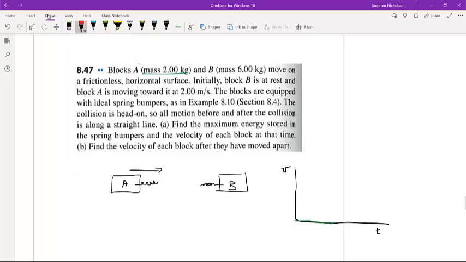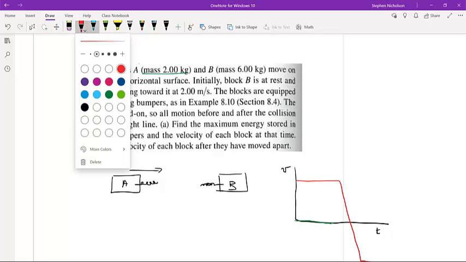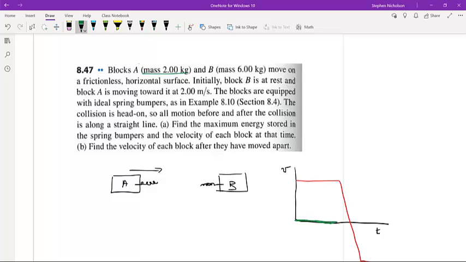So A starts out as positive, and then it's going to go down, probably like this, to some negative value. And object B starts out at 0, and when it gets hit, it's going to speed up like that.